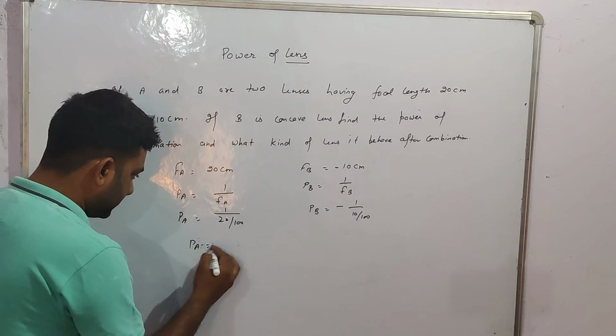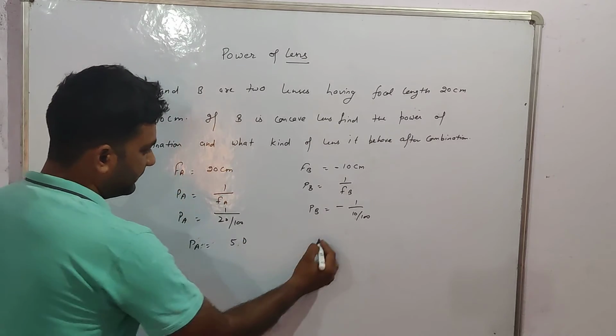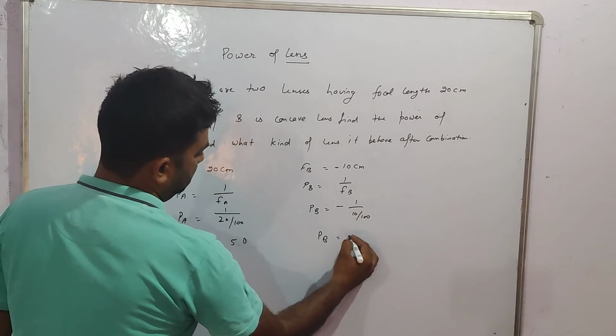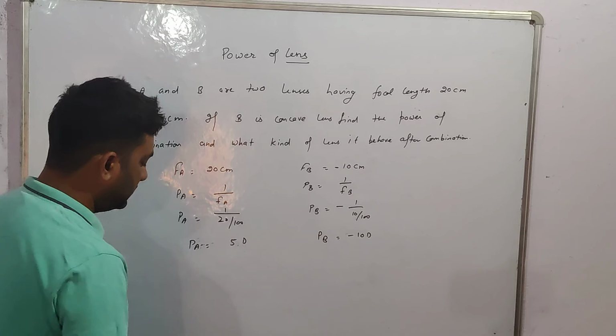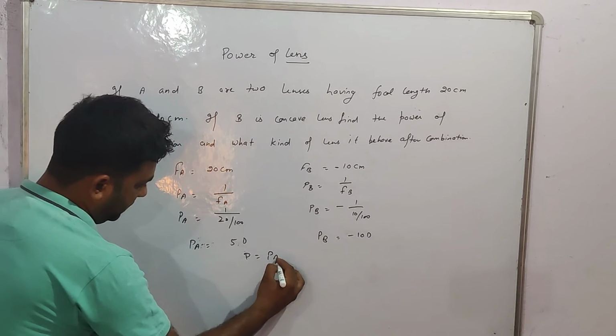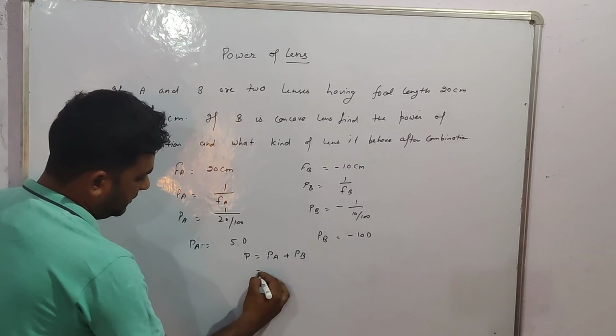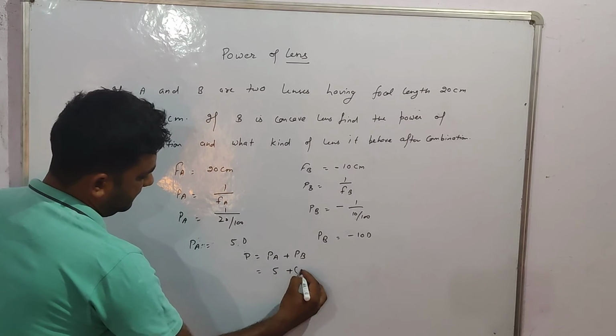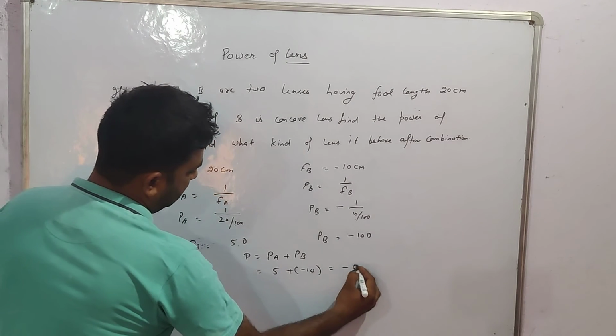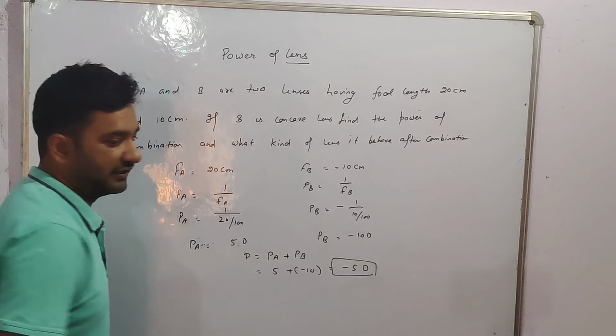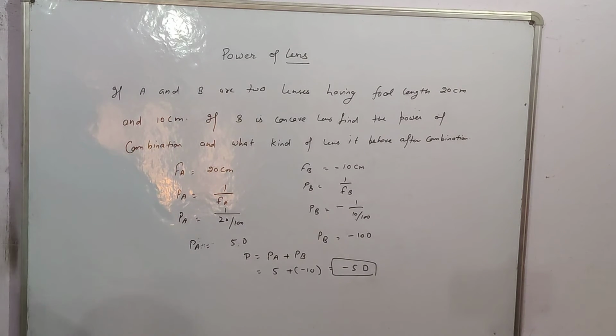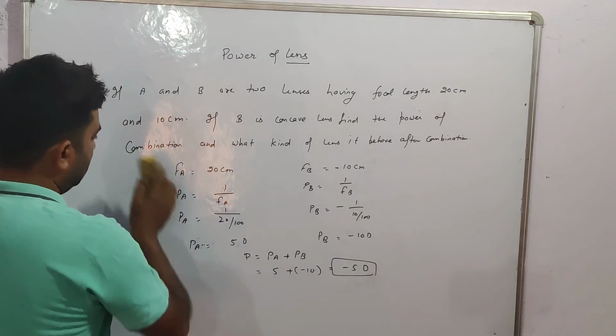So PA is equal to 5 dioptre and PB is equal to minus 10 dioptre. So P is equal to P of A plus P of B, 5 plus minus 10, minus 5 dioptre. Minus sign indicates that the lens behaves as a concave lens after the combination.